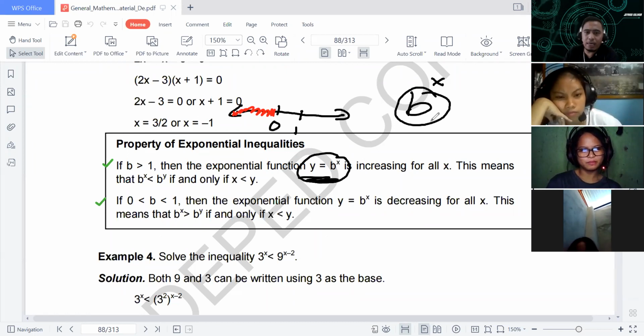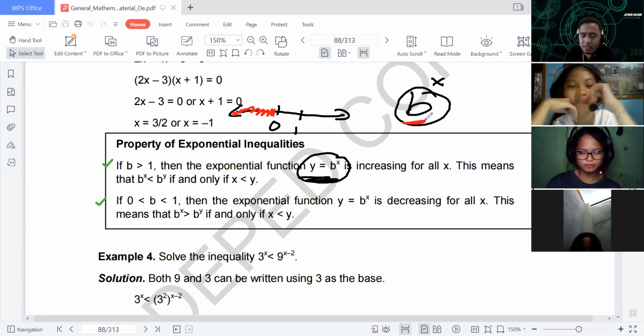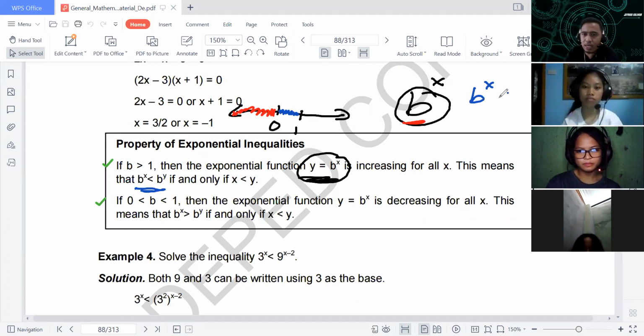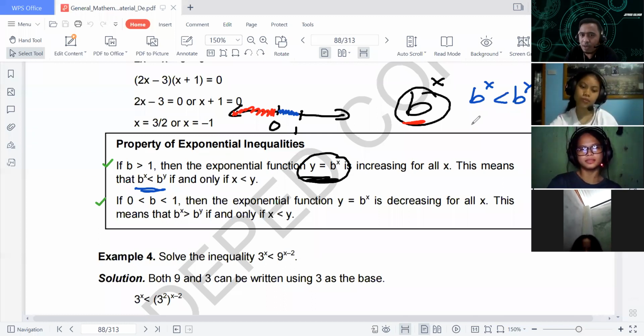Okay, what you should know is, if this b is in between 0 and 1, and you are given b to the x less than b to the y, you can still equate their exponents if the bases are the same, and you copy the same inequality. And if this b is greater than 1, for example 2 to the power of x, that is b greater than 1, right?